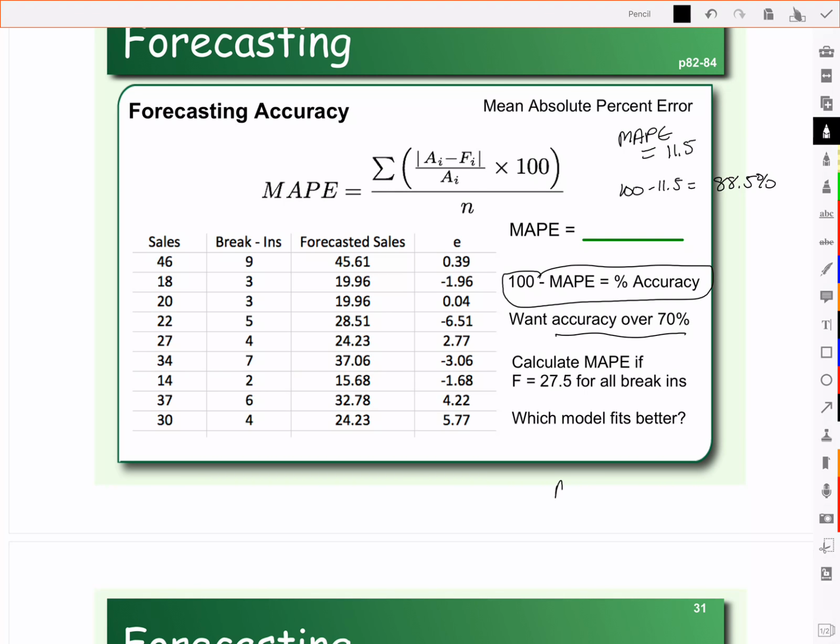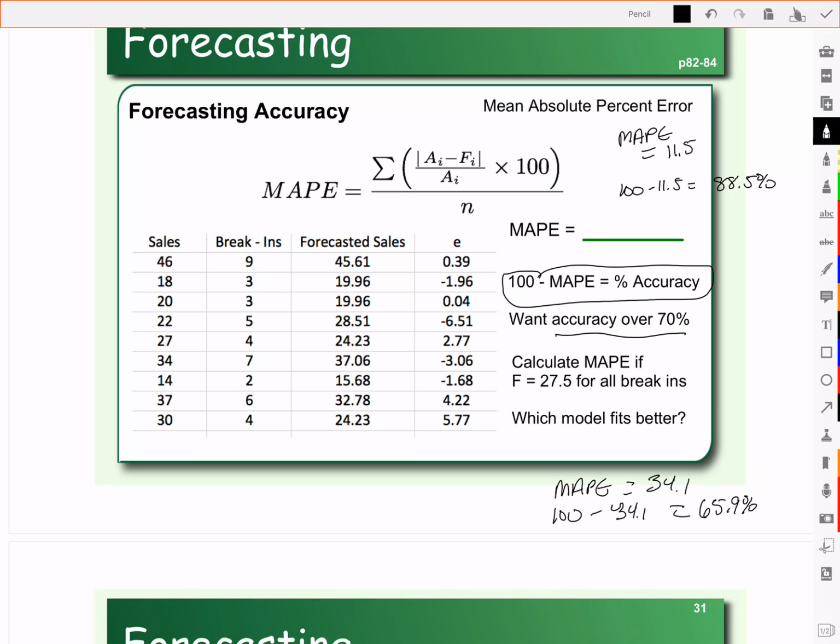If you get a MAPE of 34.1, you can take 100 minus that, and you get that that model is 65.9% accurate.